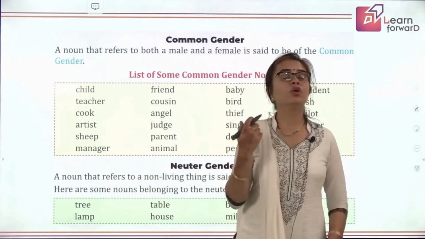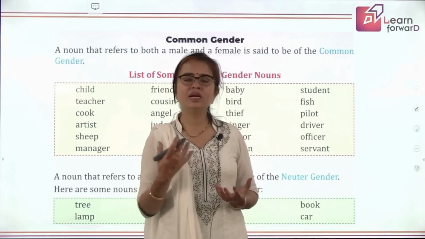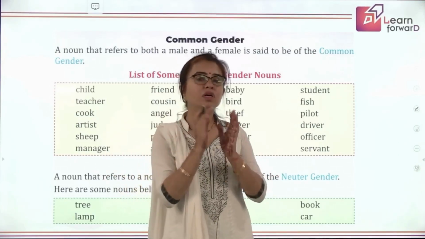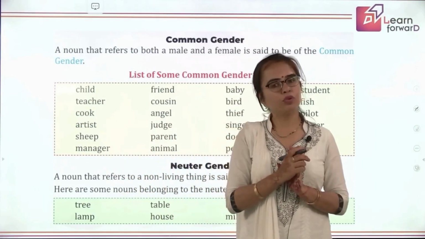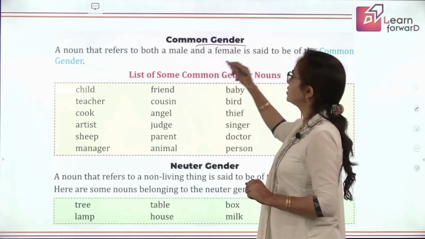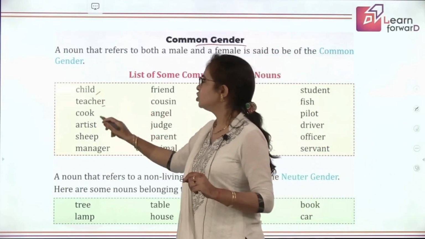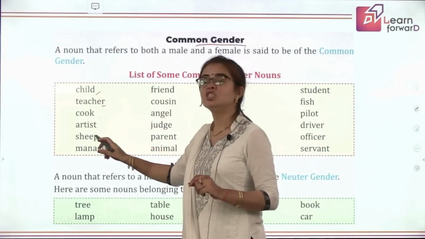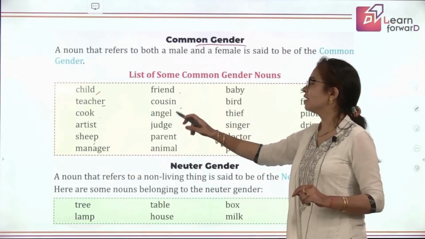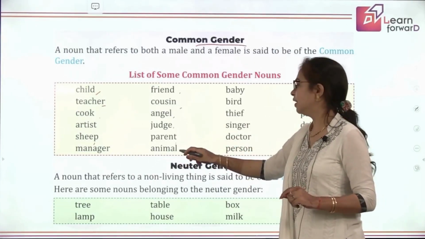When you talk about your cousin, when you talk about your friends. So how do you recognize, how do you identify, how do you differentiate? The words which stand for both male as well as female are called common genders. And here is the list of some common genders like child, teacher, cook, artist, sheep, then manager, friend, cousin, angel, judge, parent, then animal.